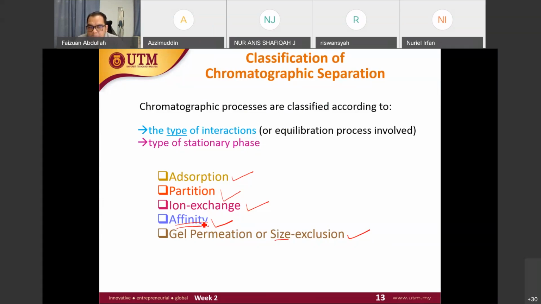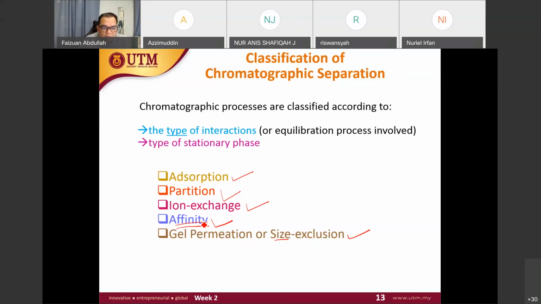Someone else? Bonding? Okay, you got the idea. Attraction, bonding, and what else? Tendency. Okay. So it's about bonding, a tendency, or what? Attraction of the analyte onto the stationary phase.